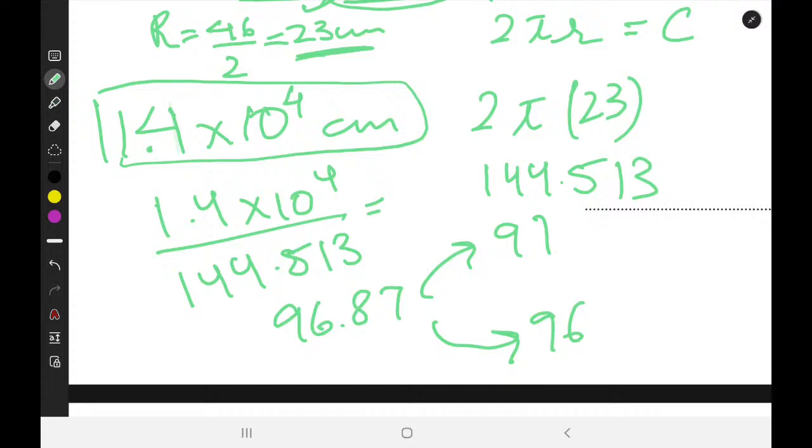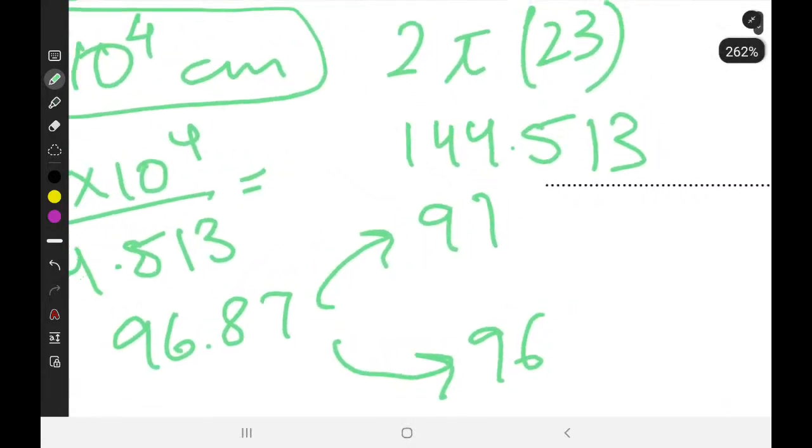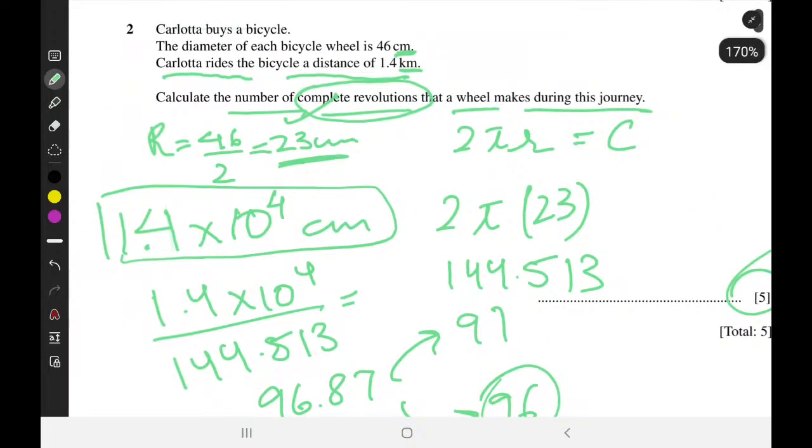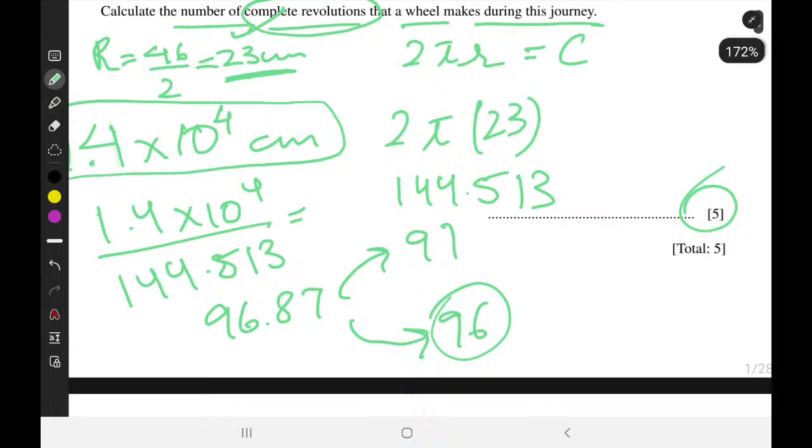Yeah, the answer is 96. Why? Because this is a universal rule that whenever something involves real things, like money, something that is available, the number of complete revolutions can be 96 but it cannot be 97. Why? Because it's a real thing.